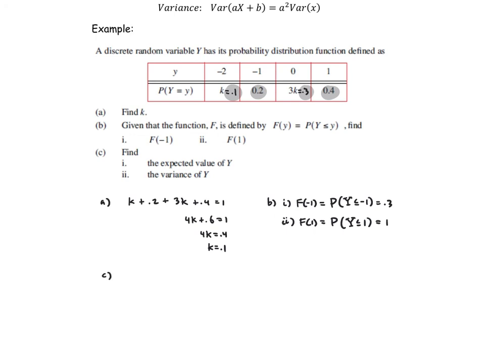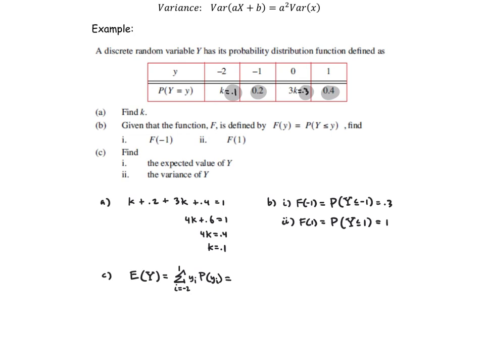Part C says find the expected value of y. Okay, so let's lay it out here. Since this is not binomial, I can't just take n times p because clearly this is not the same scenario. So the expected value of y is always the sum, in this case from i equals -2 up to 1, of y sub i times the probability of y sub i.